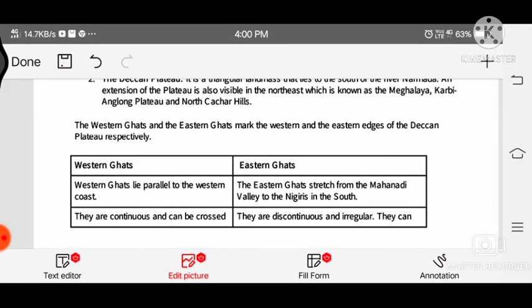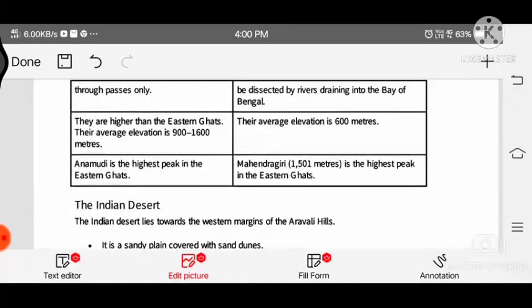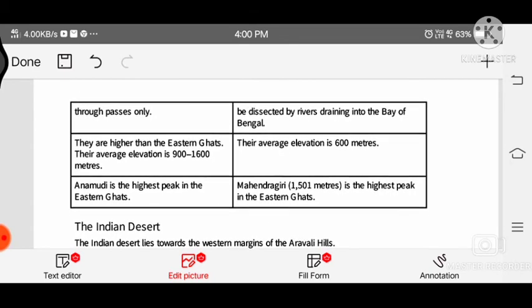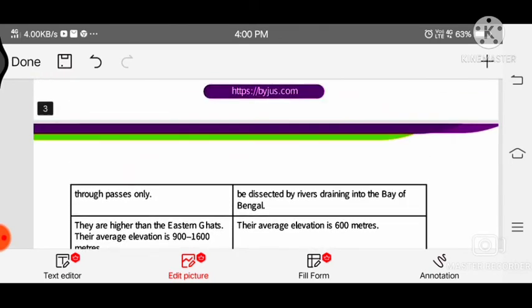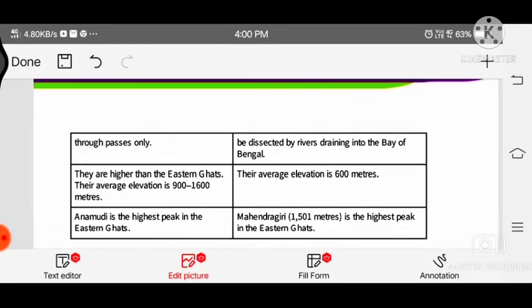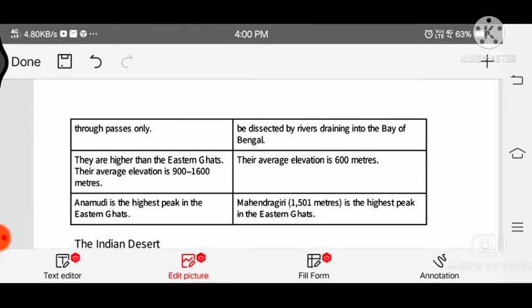Western Ghats are continuous and can be crossed through passes only. Eastern Ghats are discontinuous and irregular, and they can be dissected by rivers draining into the Bay of Bengal.